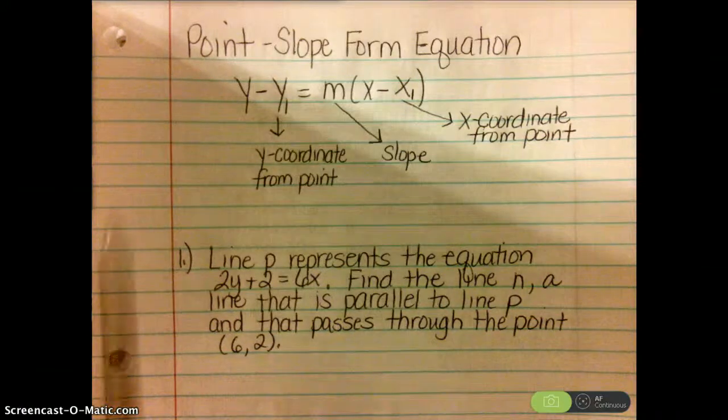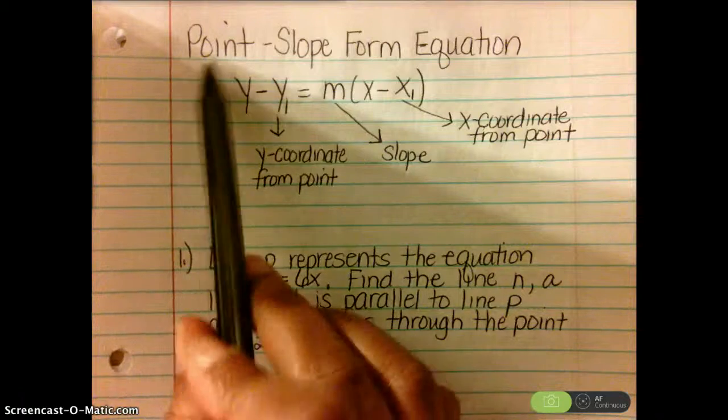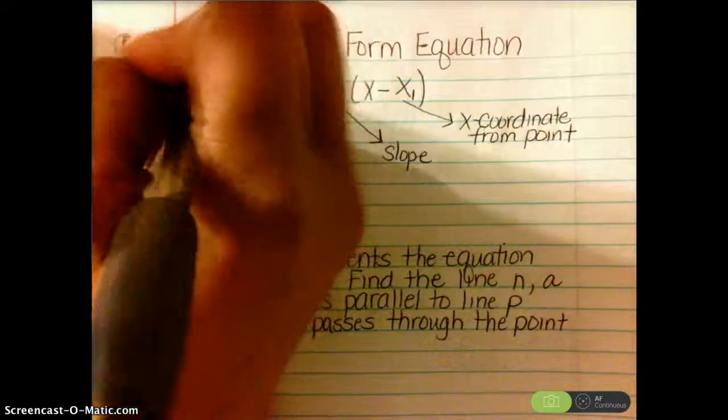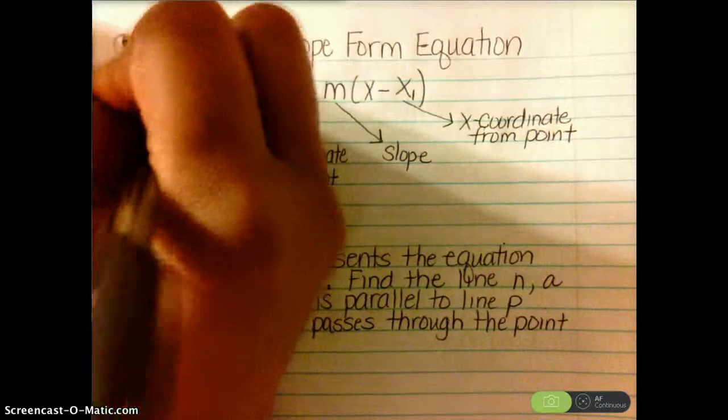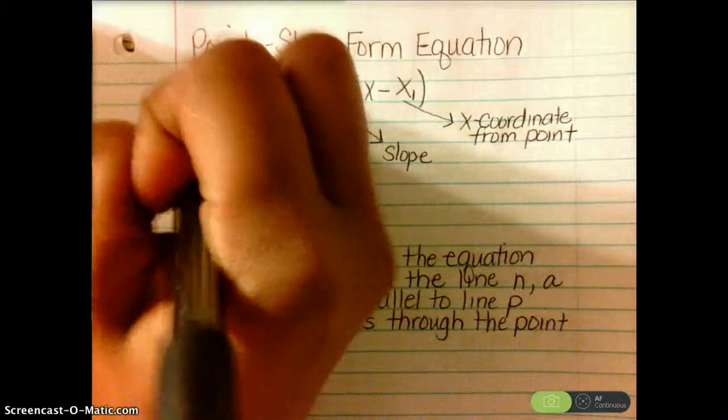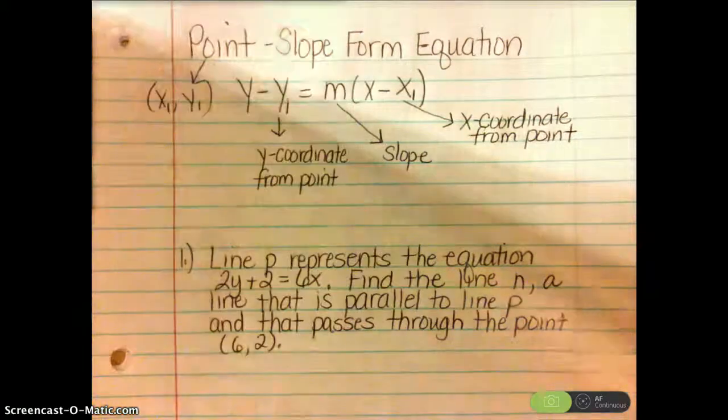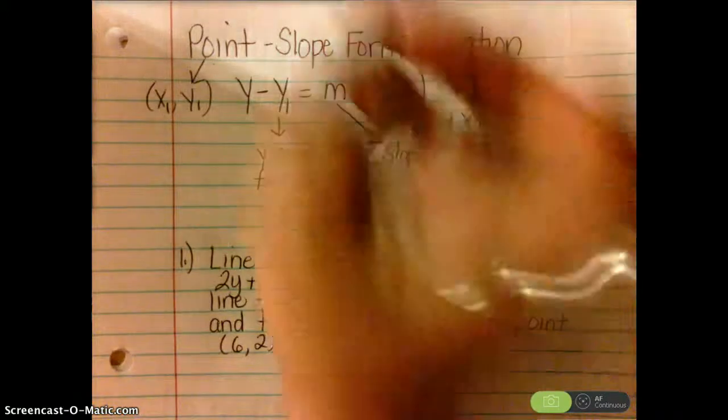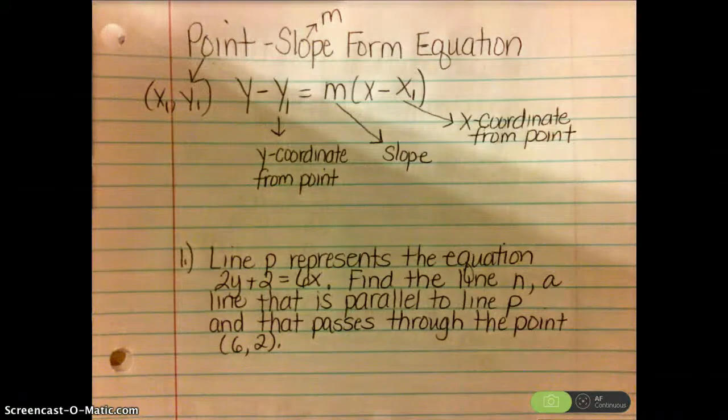In order to use this equation, there's 2 things that we must know. You must have a point, which is given to you as an ordered pair in the form of x1, y1. And you must have a slope, and keep in mind that the letter that represents slope is always m.